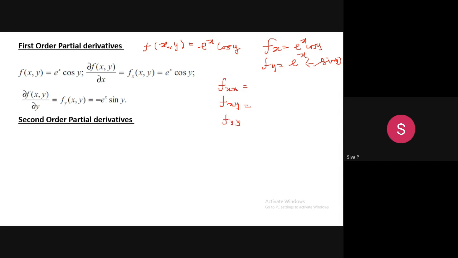What is fxx? That means differentiation of fx with respect to x. Once again, you will get e power x cos y. Cos y is constant, differentiation of e power x is e power x.